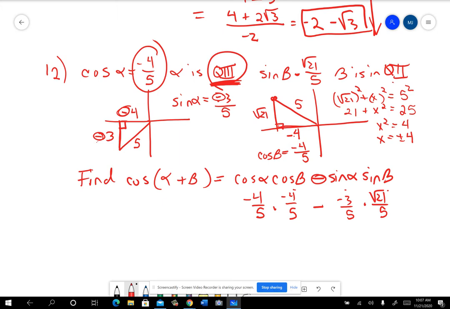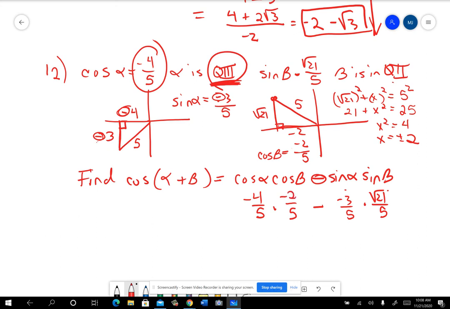I feel like I messed something up because that's odd that would be a 4. So let me double check and see if I messed something up somewhere. So that's 21 plus x squared equals 25. Oh. This is plus or minus 2, isn't it? So if you were copying me, fix this right here. So this is going to be a -2, and so is that. I thought it was weird that they both had the same cosine, but were different angles.